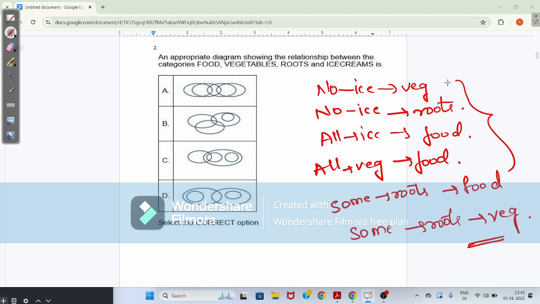When you write like this, you can observe in the Venn diagram here, consider it as ice cream, this as vegetables, and this is for food and this is for roots. So this is the Venn diagram that has been formed here.